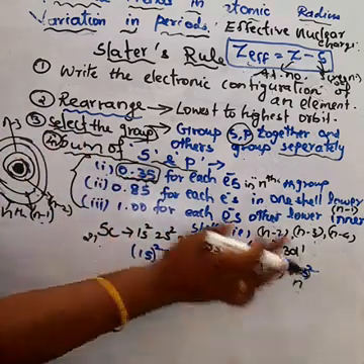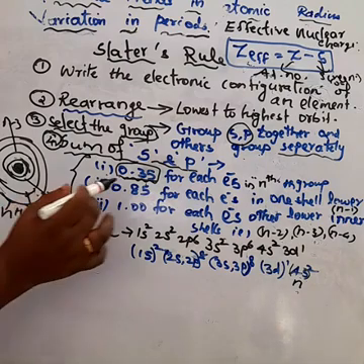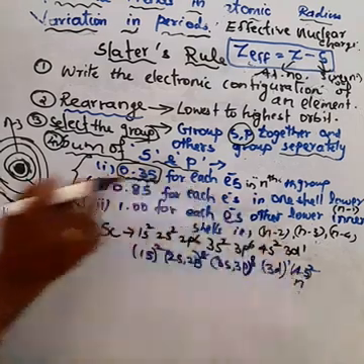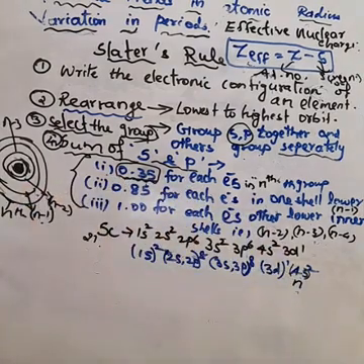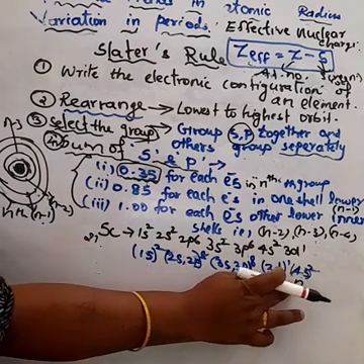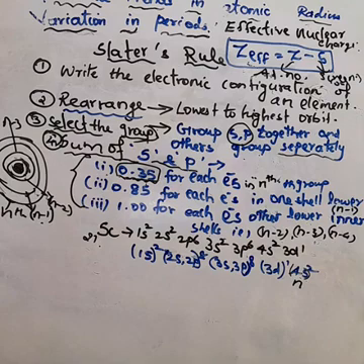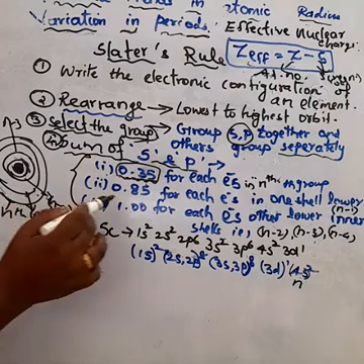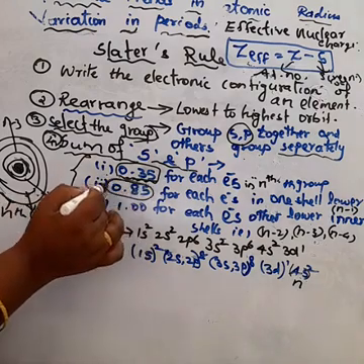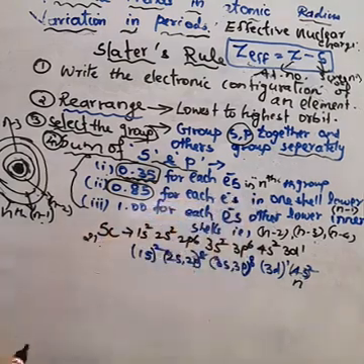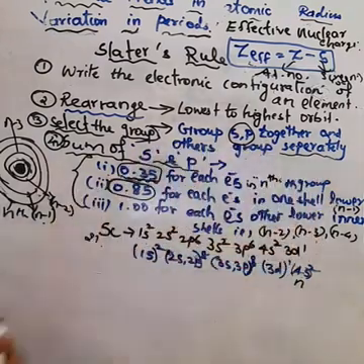Which group am I calculating the effective nuclear charge for? That is the nth orbit. The value is 0.35 for each electron in the same group. And this is point number 1, and point number 2: 0.85 for each electron one shell lower in orbit.